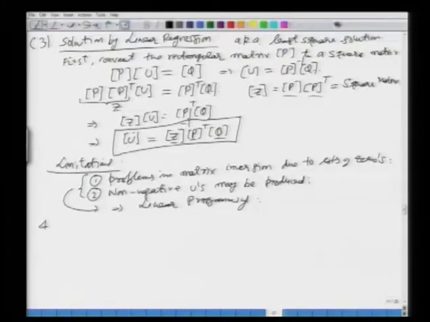So, the next method we will look at is called linear programming.